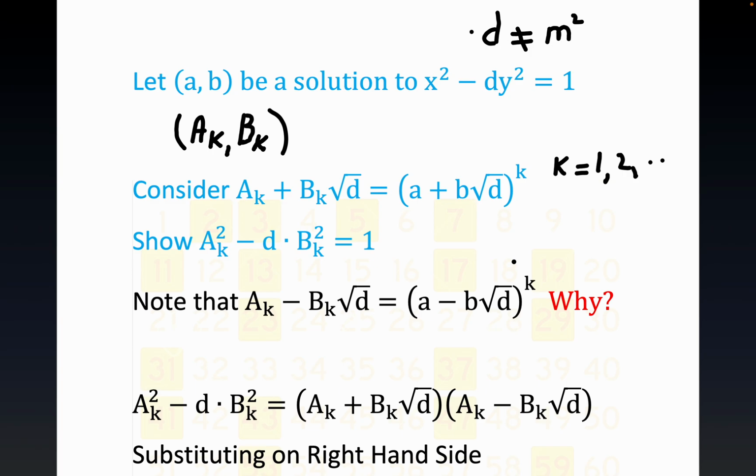Now this may look obvious, but to me it's not completely obvious. The reason, at least in my mind, why you can just reverse the sign here is that if you take a look at all the, let me just write this out, minus b root d raised to an odd power.